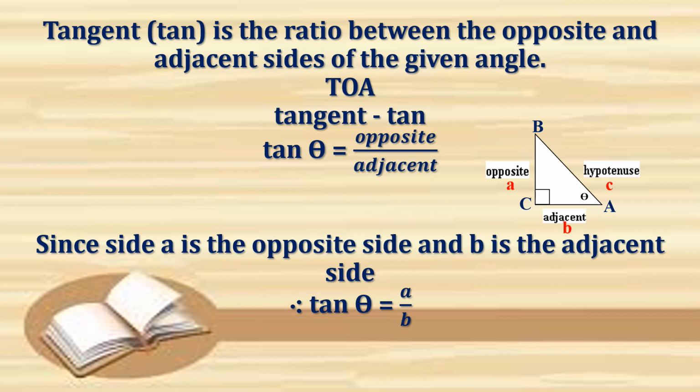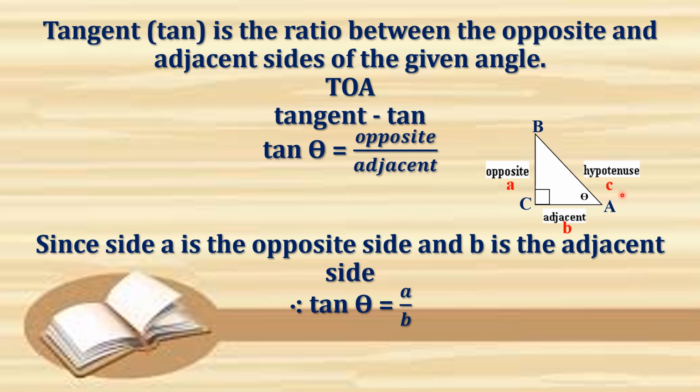That is written in the mnemonic TOA, which means tangent theta is equal to opposite over adjacent. Since side A is the opposite side and B is the adjacent side, the formula for tangent theta is equal to A over B.